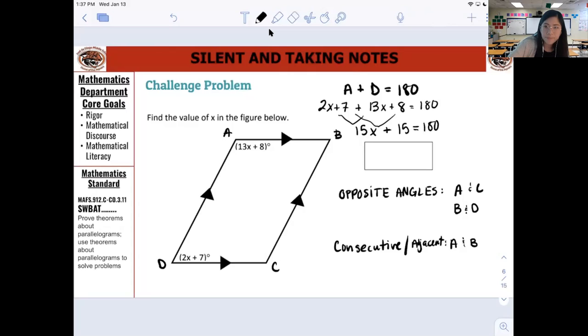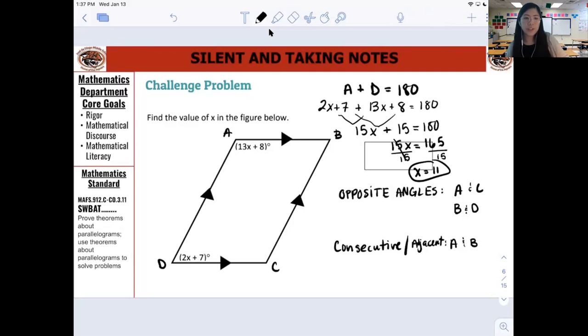Equals 180. Take away 15 from both sides. What's 180 minus 15? 165. And 165 divided by 15 is 11. Nice job. So x equals 11.